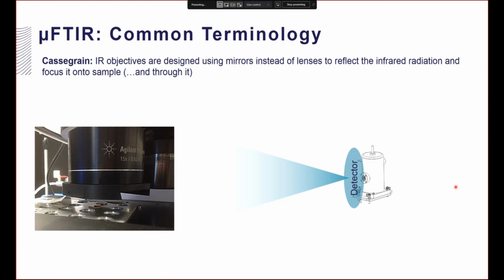It's basically designed by using mirrors instead of lenses to reflect the infrared radiation and focus it onto the sample and also through the sample. Basically, it's our way to collect and send our infrared radiation to the detector for the identification.